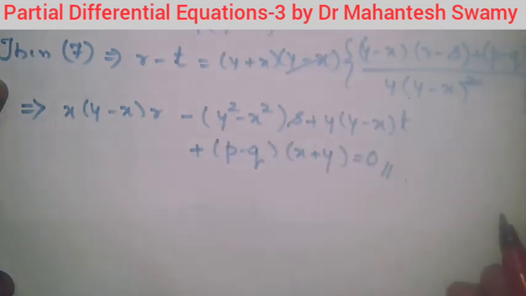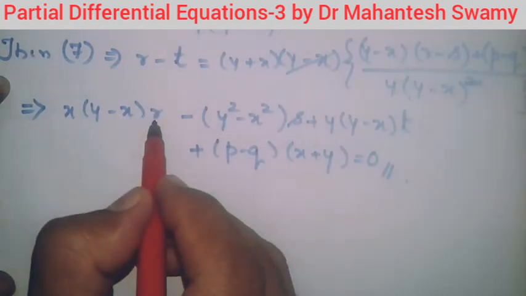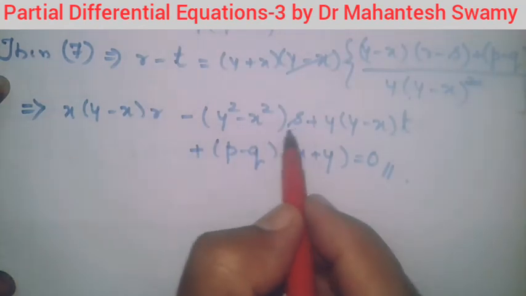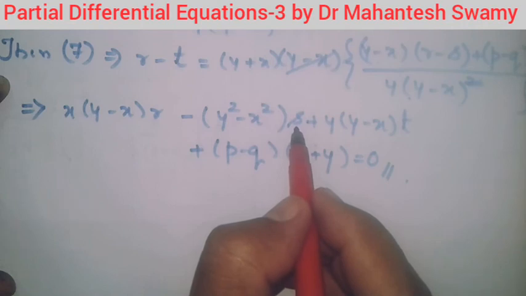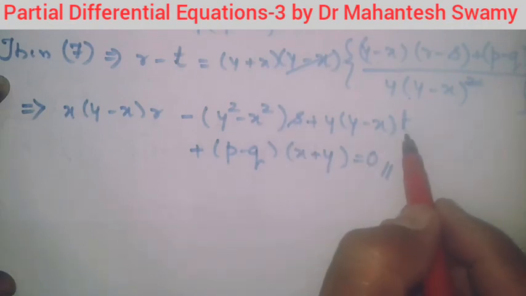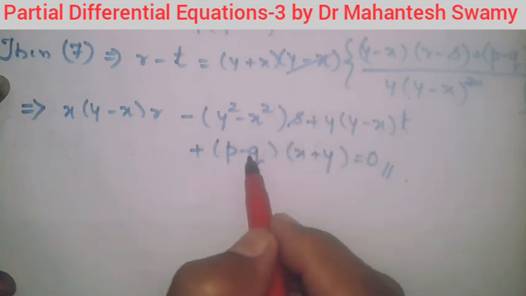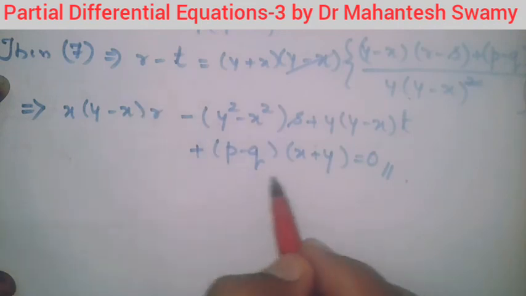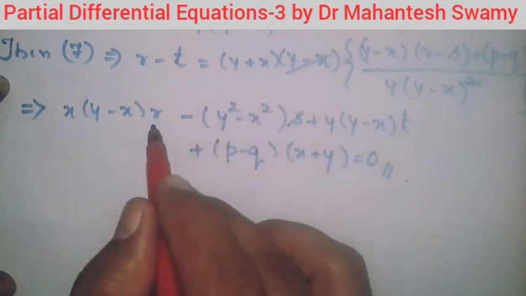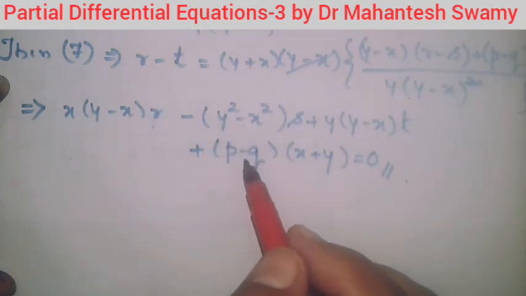So this is the second order partial differential equation, because r is ∂²z/∂x², s is ∂²z/∂x∂y, t is ∂²z/∂y², and p and q have their usual meaning, ∂z/∂x and ∂z/∂y. So this is a partial differential equation, particularly a second order partial differential equation.